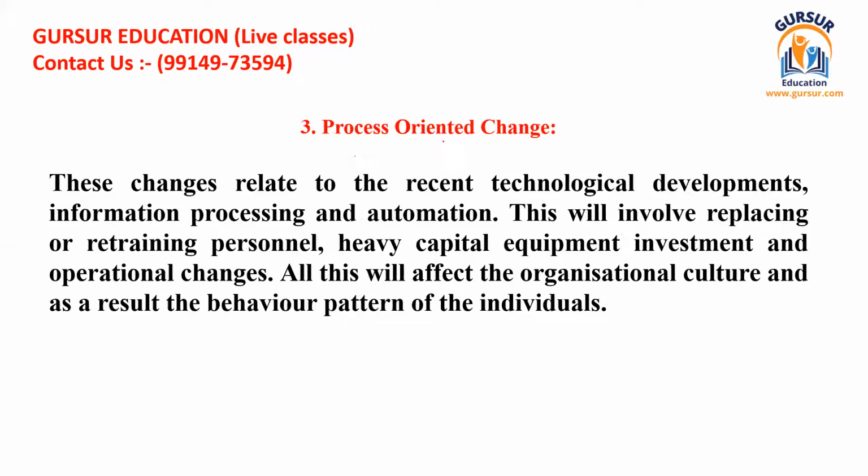The third one is process oriented change. When you use recent information processing and automation in your company, which requires retraining of personnel, heavy capital equipment investment, and operational changes, these kinds of changes are known as process oriented changes, because they affect those works or areas which occur frequently or on a daily basis.